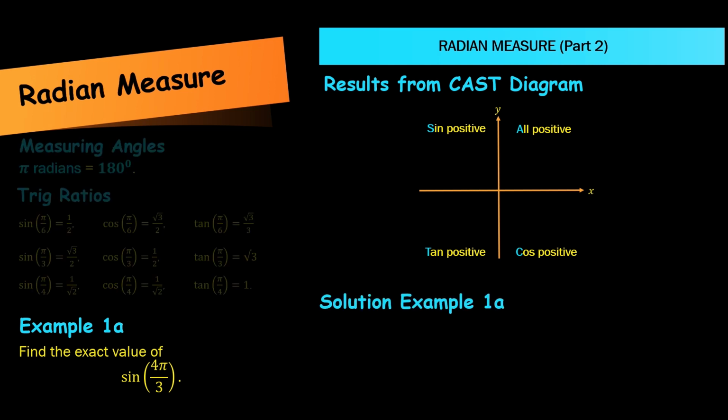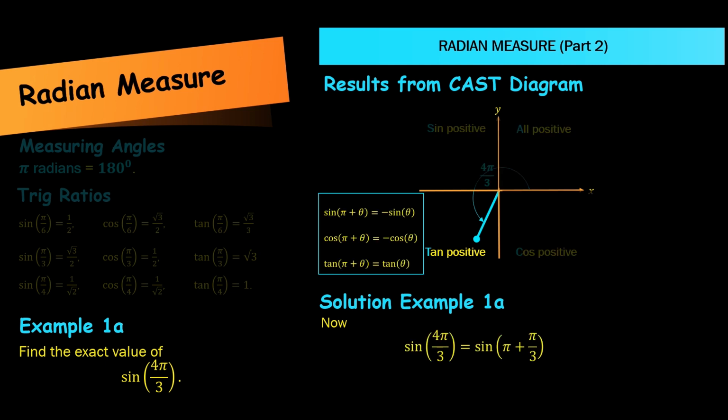So let's solve this. Here's a sketch on the CAST diagram of the angle 4 pi by 3. 4 pi by 3 is equal to pi plus pi by 3. We've split it up in this way so that we can use the formulas that are now highlighted on your screen.